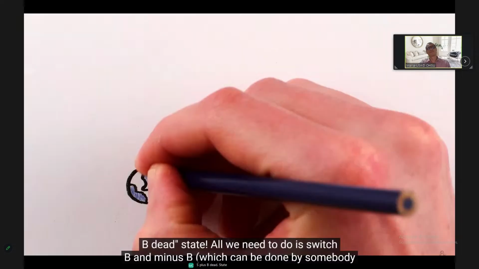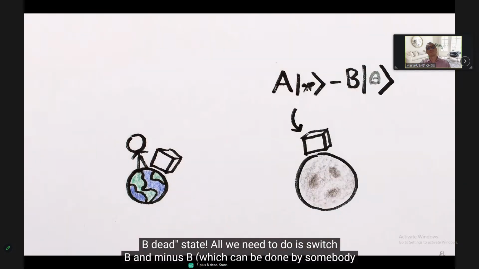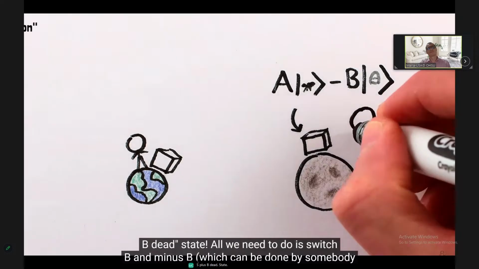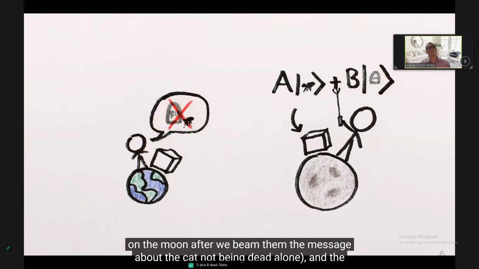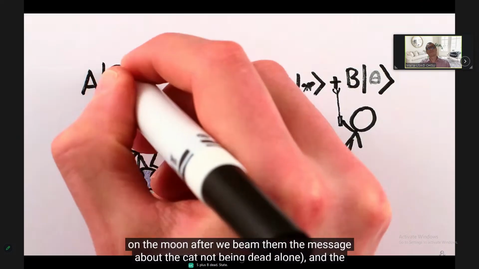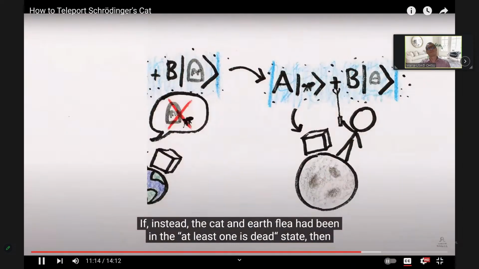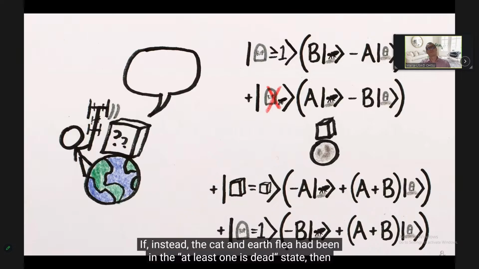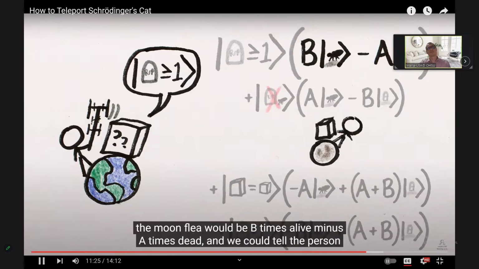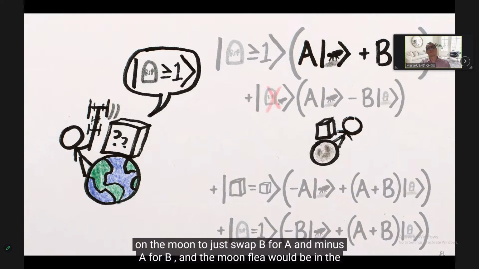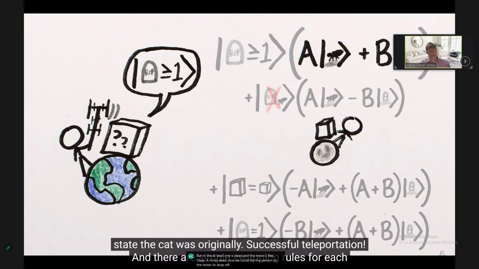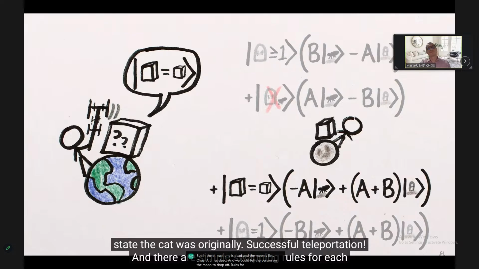State. At least one is not going to be A times dead, and we could tell the person on the phone to just roll each of the other possible scenarios.